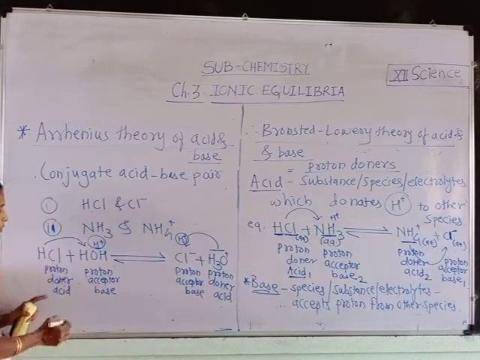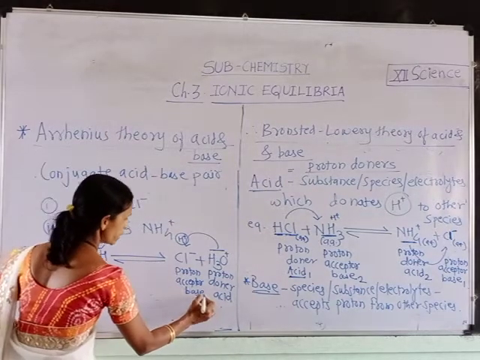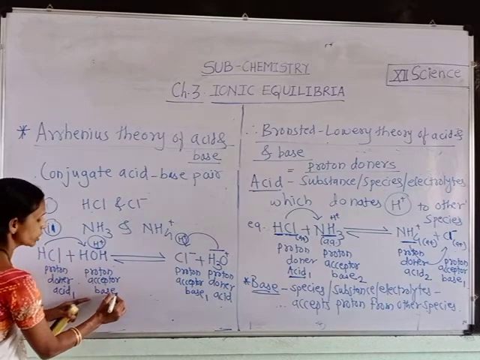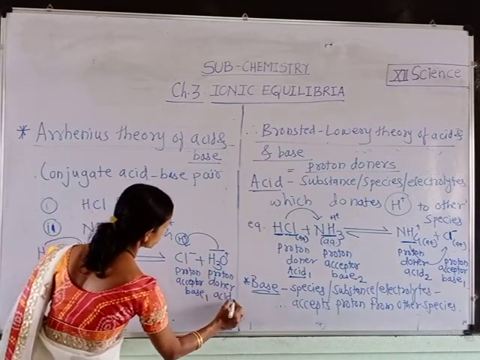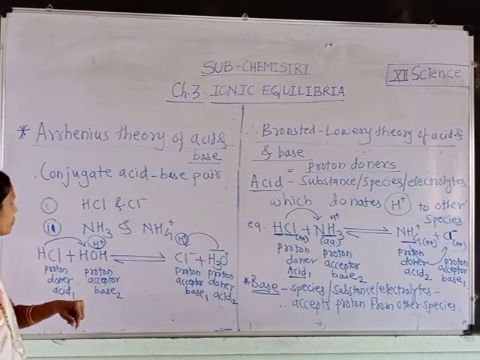Here, conjugate acid-base pairs: HCl is acid 1, whereas Cl minus is base 1, water is base 2 and H3O plus is acid 2, that are the conjugate acid-base pairs.